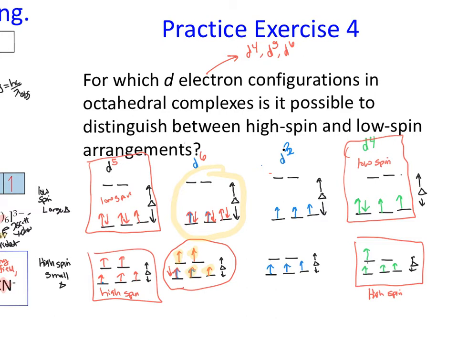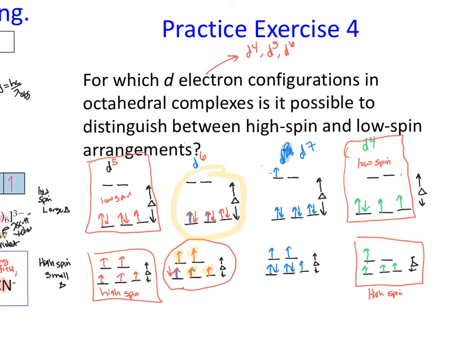Now let's look at D7. For low spin, my first three stay down low, and then I pair. And then my seventh goes up top. High spin, 1, 2, 3 down low, 4, 5, 6, 7.